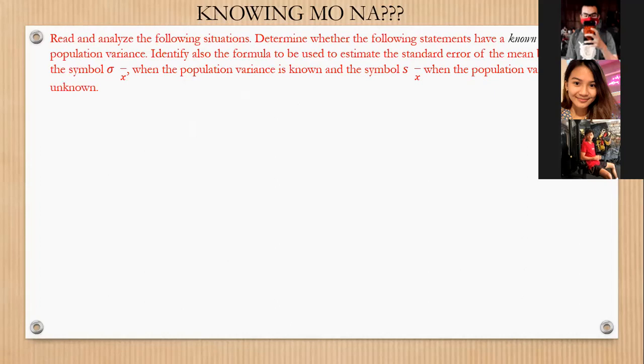And then after that, you need to write these two symbols if in case the population variance is present in the situation, or this symbol when it is absent, or if it is unknown. Okay po? Just for us to estimate the standard error of the mean.